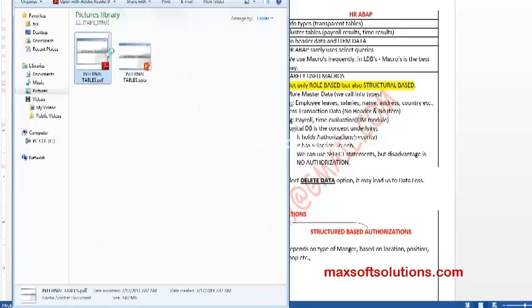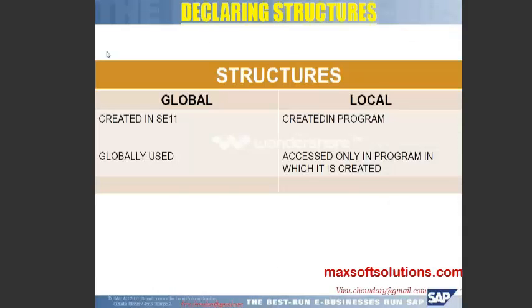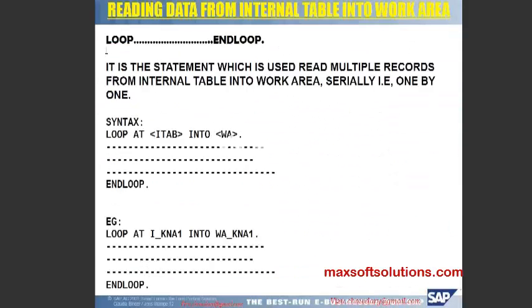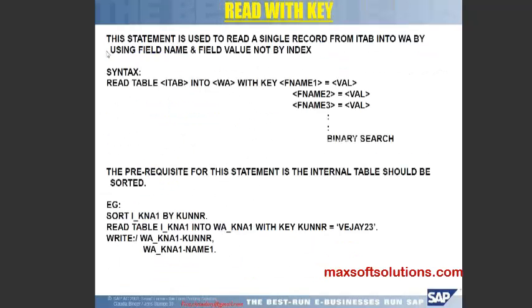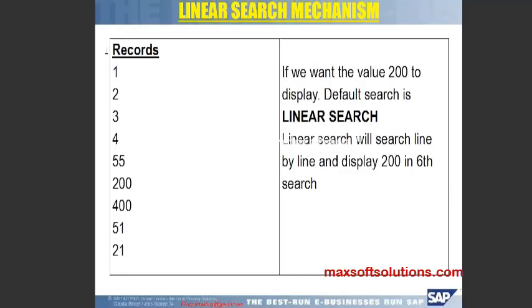It's been more than 10 years since I learned. There is a linear search. Linear search means one by one, sequentially. If we want the value 200 to display, the default search is linear search, right? We'll search line by line and find 200 in the sixth search. 4, 5, 6, right? Okay.